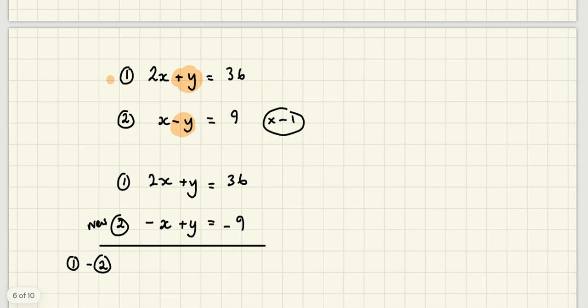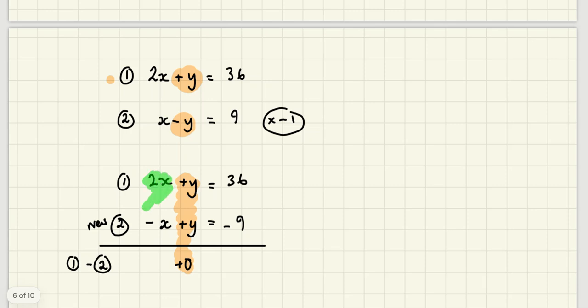So what do we get when we subtract? Well, obviously y subtract y becomes 0, so we've eliminated that.